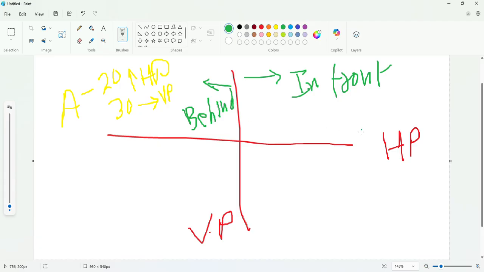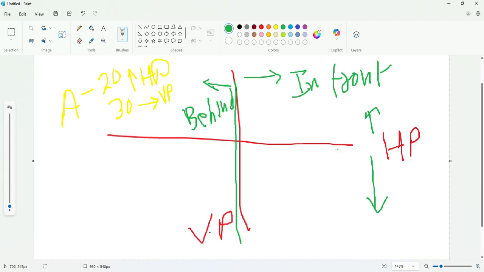So this is above HP, this is below HP, this line is HP, and in this vertical line, to the right of this vertical line or vertical plane, this is in front, and to the left it is behind. So what we can do is, here I'm taking this line as HP, horizontal plane.